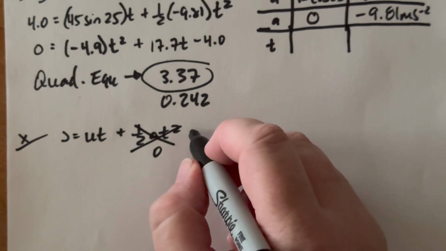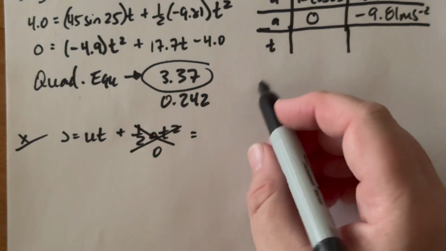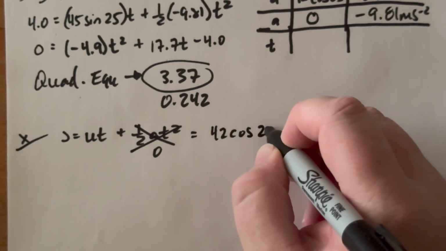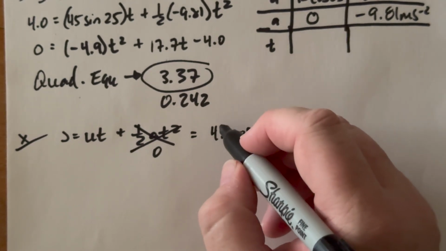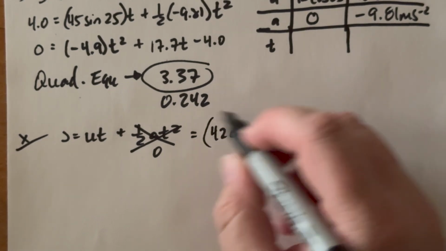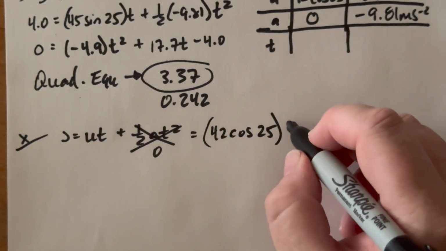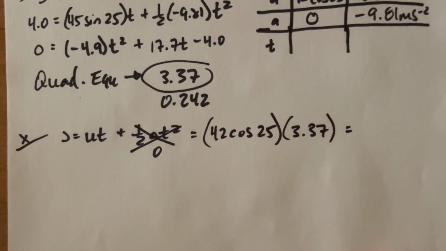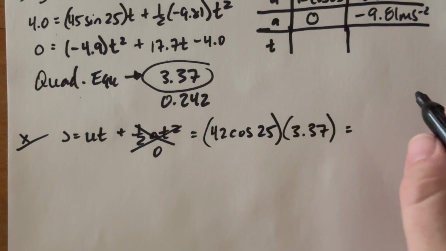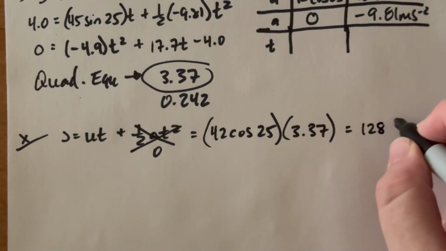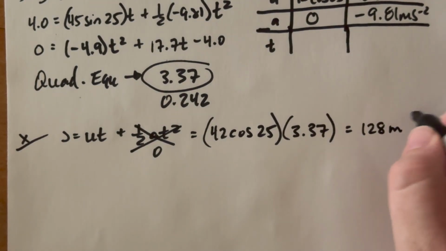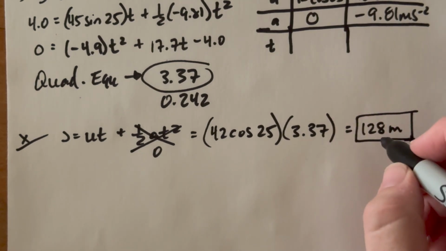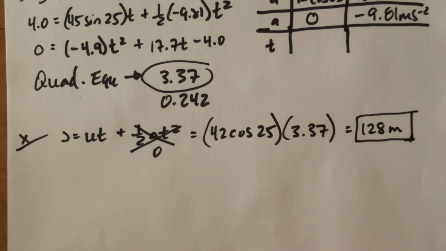And so we can say our initial velocity in the x direction is 42 cosine of 25. Again, we're keeping 3 sig figs. I only wrote 2 there. And then I'll take it times my time of 3.37 seconds. And when I do that, I get 128 meters. That's brought down to 3 sig figs here. So 128 meters away is how far that would be.